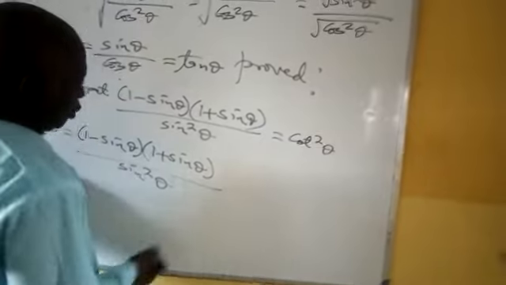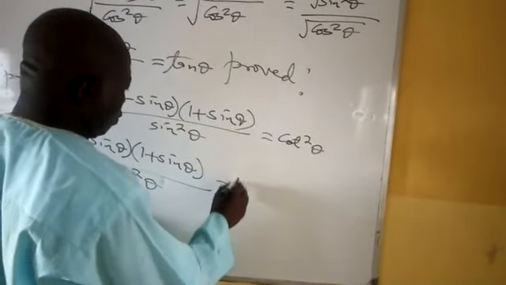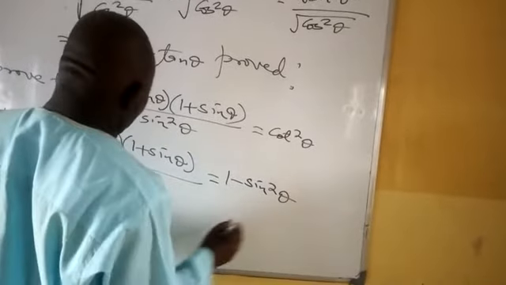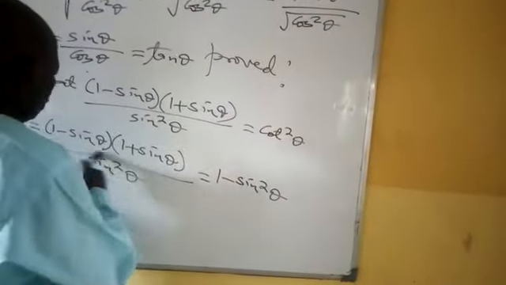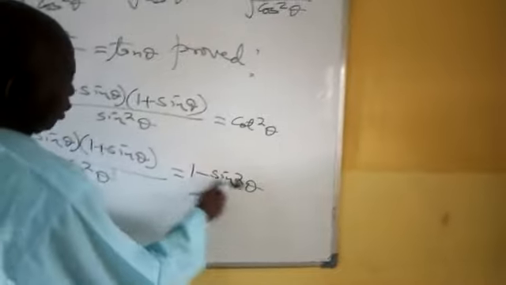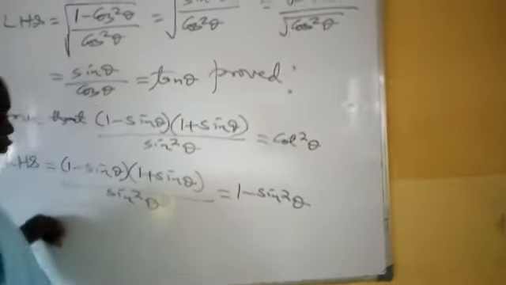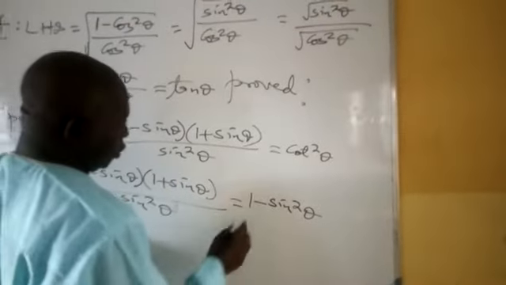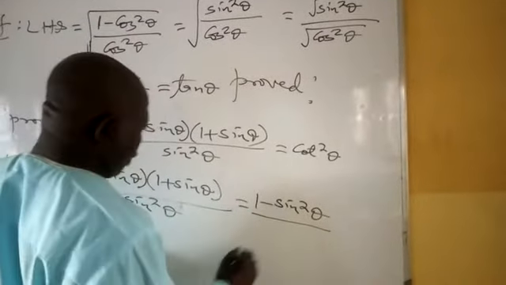So if you expand this, the numerator will give you 1 minus sin square theta. Very simple, if you are able to recognize the difference of two squares. Remember, 1 is the same thing as 1 square. So 1 minus sin square theta over sin square theta.